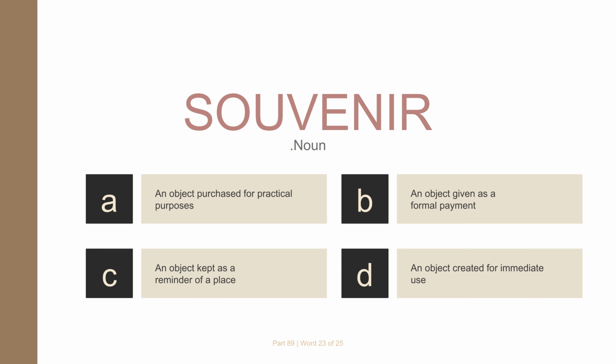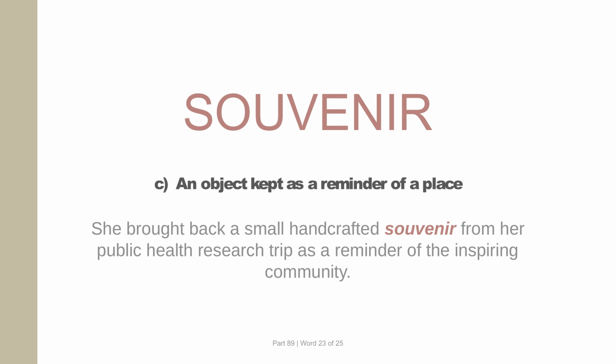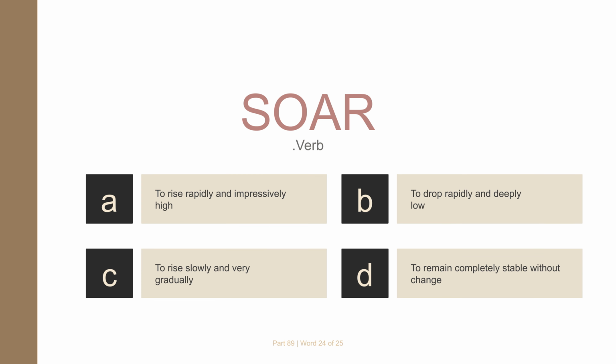Correct answer, option C. The correct meaning of souvenir is an object kept as a reminder of a place. Example: she brought back a small handcrafted souvenir from her public health research trip as a reminder of the inspiring community.